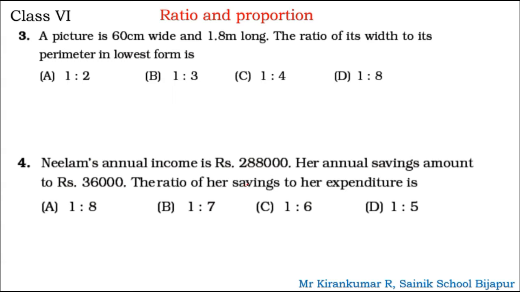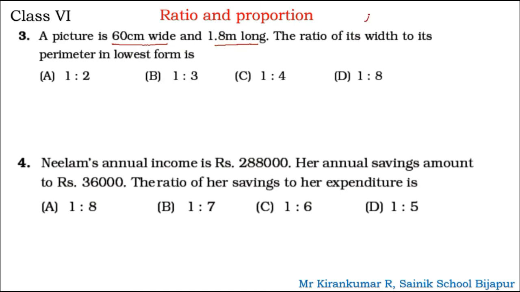So it's a ratio of its width to its perimeter. So we need to find the perimeter here. Before we find the perimeter, let's observe that they have given 60 centimeter wide and 1.8 meter long. So the units are different. We need to mention the units properly.